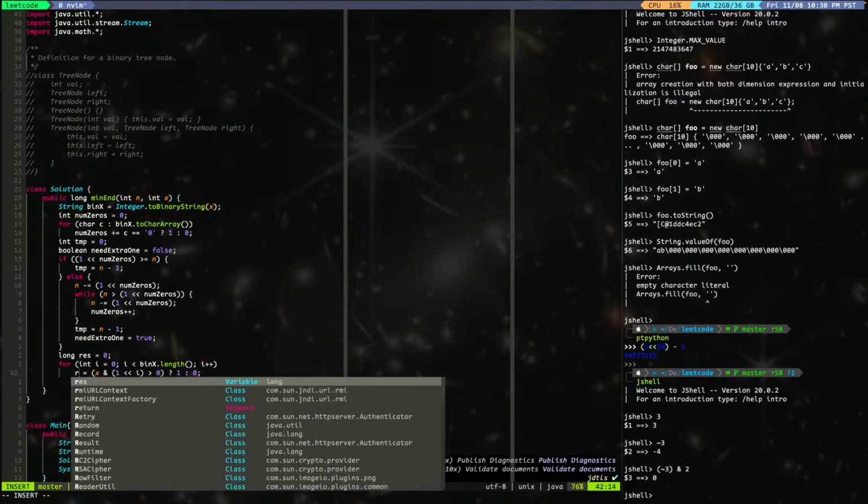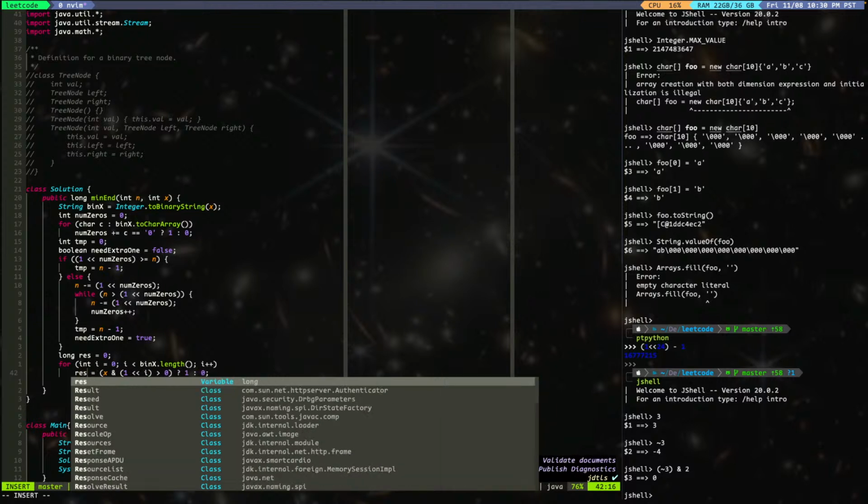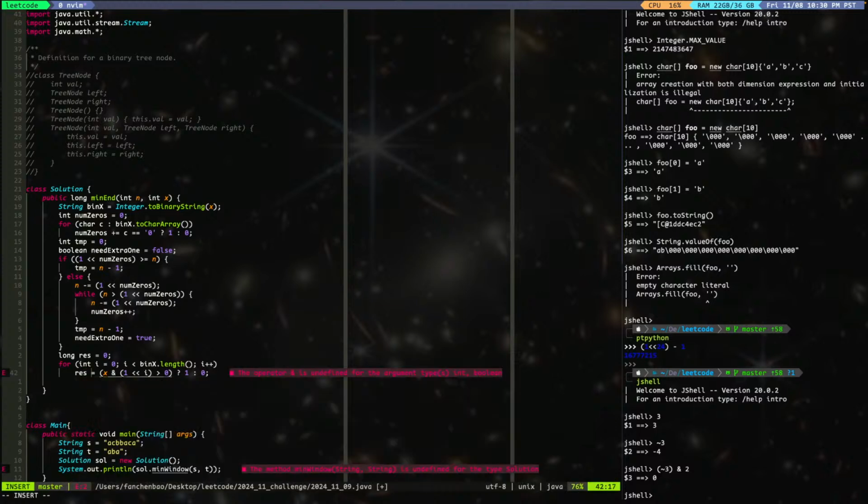And then you can say res or equal to, or you can do, yeah, if it's a 1, right? If it's a 1, then you left shift. If it's a 0, you skip.